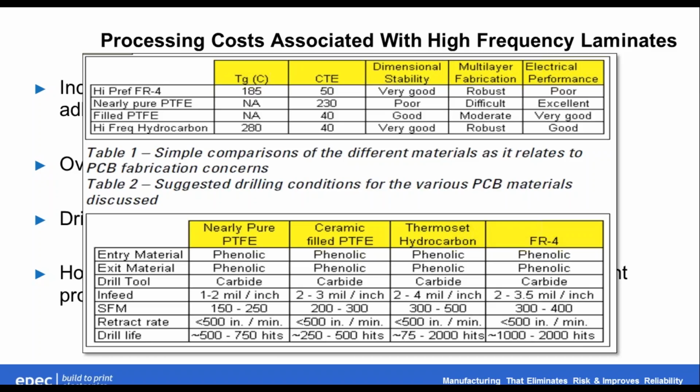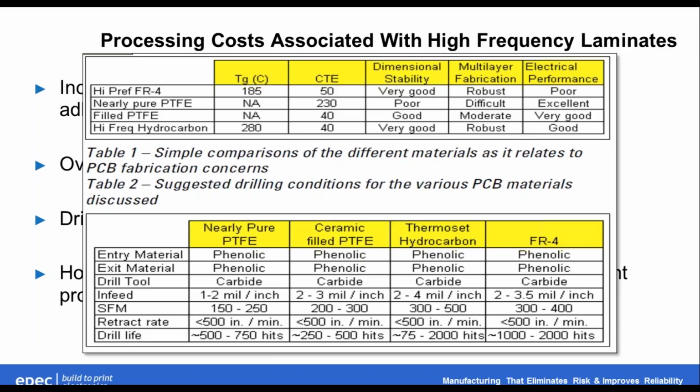Down below, this is getting into drilling conditions for the various PCB materials. And I won't go into a lot of the details here, but down at the bottom here, drill life is worth noting. And you can see for FR4 with a carbide drill, depending on the diameter of the drill and how many layers you're drilling through and so forth, you can get as many as 2,000 hits out of a single drill bit. Now you go over to this thermoset hydrocarbon, looking at as few as 75 hits.